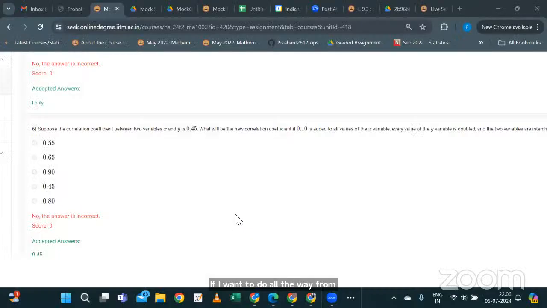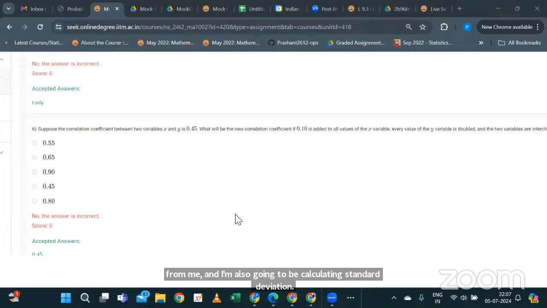Sir, can I ask a simple question? If I want to calculate from the mean for a sample, and then from the mean I'm also going to calculate the standard deviation, must I do n-1 for every step?